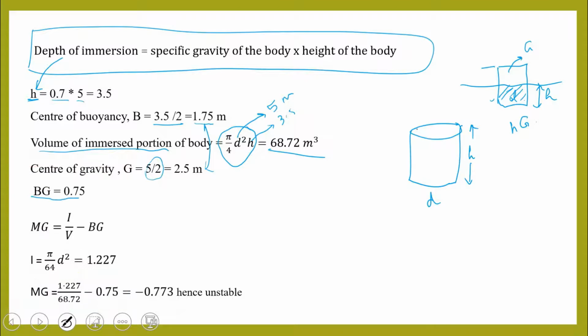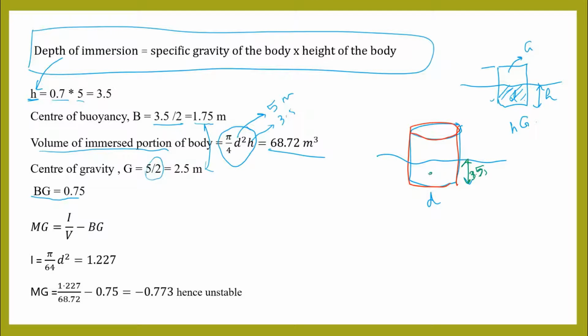So look here, we have the cylinder, which is immersed in water at a depth of h, which is 3.5.